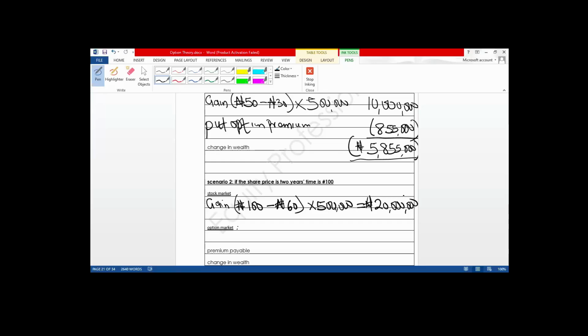We now move to the option market. At the option market, you have obtained a right to sell your shares for 50 naira per share.